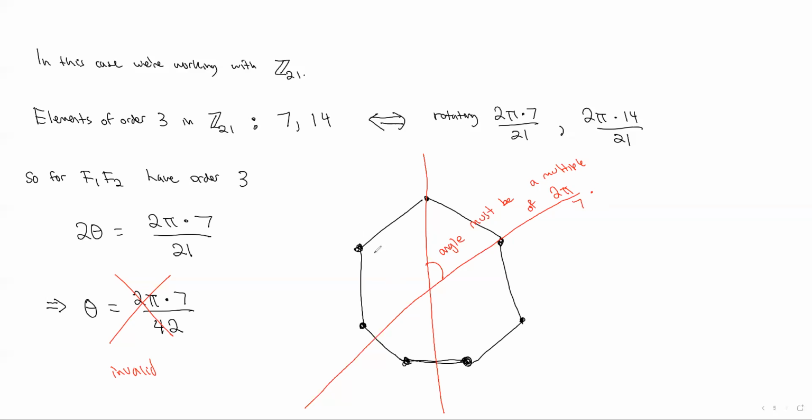So that's the case here as well. In D21, the angle has to be a multiple of 2 pi over 21. So you can't, this solution is invalid.